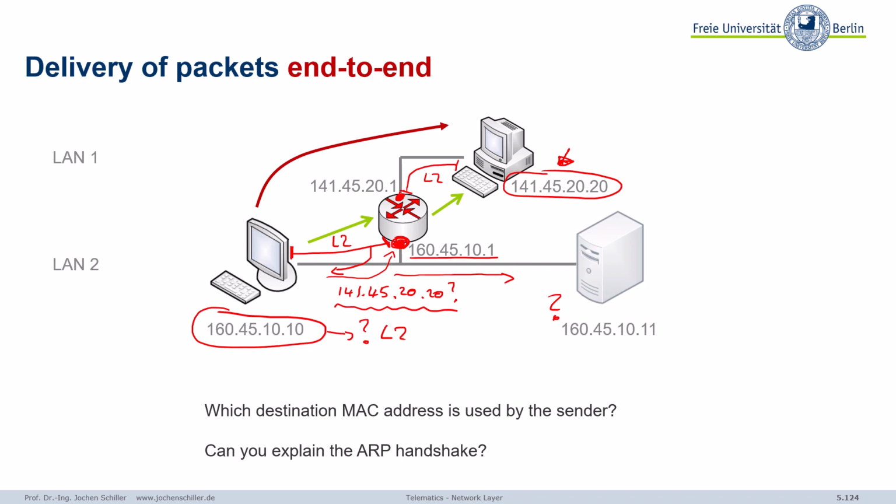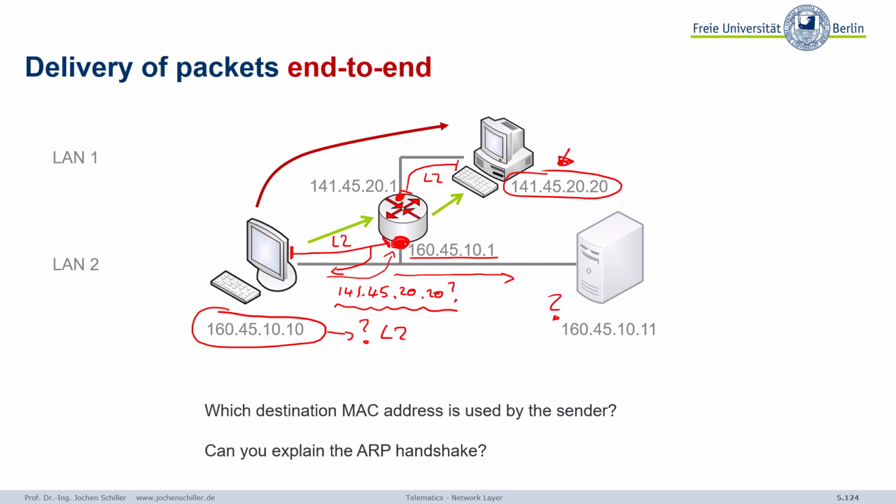Well, actually, it decapsulates the layer 3 packet, takes it out of the layer 2 envelope, and then creates a new envelope, a new layer 2 MAC header. So that's the idea.